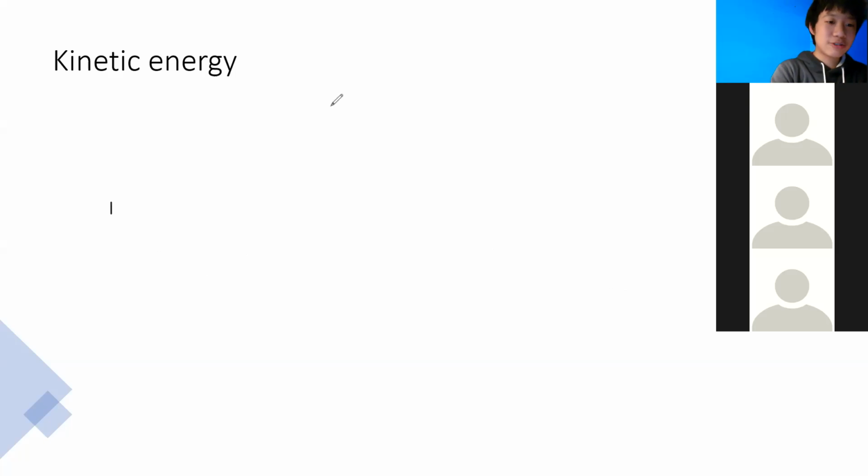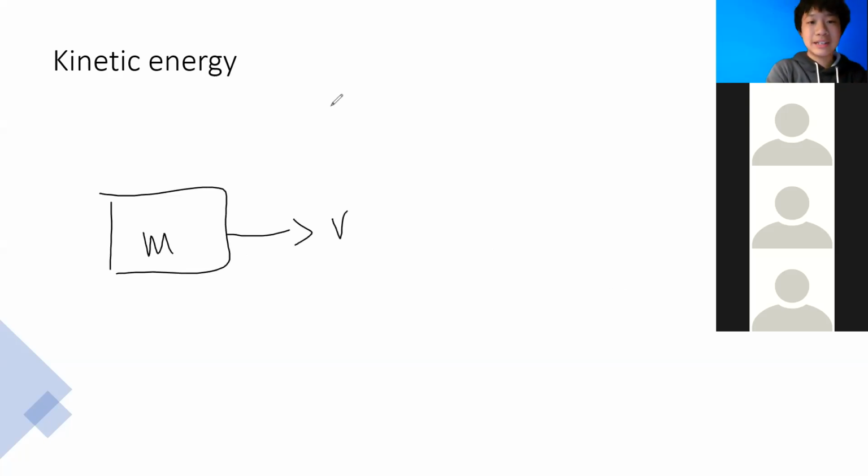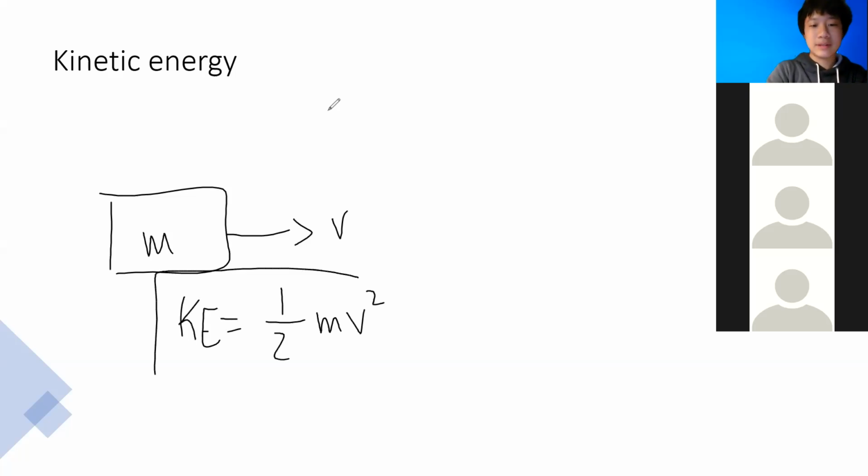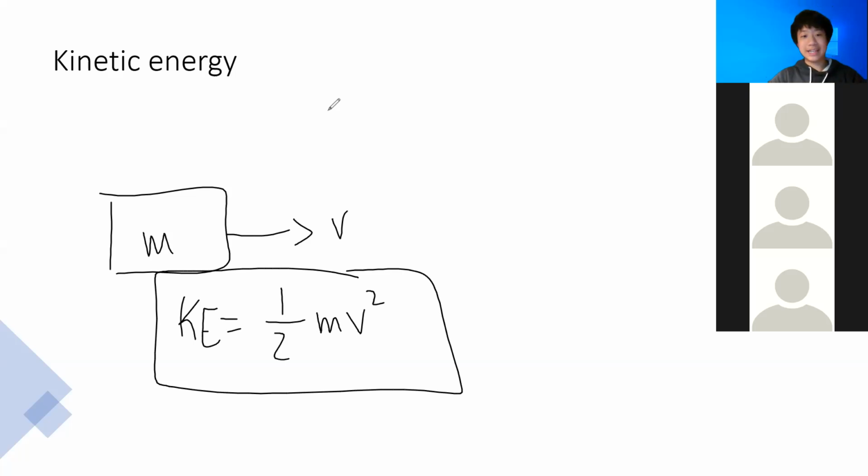Okay? And the actual formula for kinetic energy, if we have some mass m moving at a velocity v, is that this object has kinetic energy 1/2 mv squared. All right? This is the equation for kinetic energy. So please write this down. This is a very important equation, and you're going to be seeing this quite a lot in the future. Okay? So I'll give you a moment to write this down.